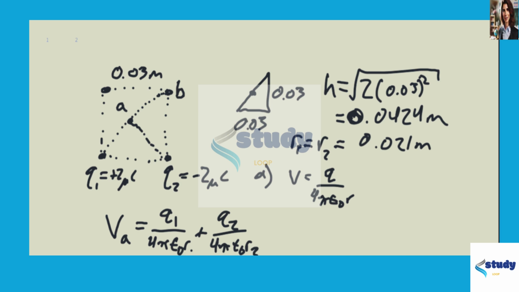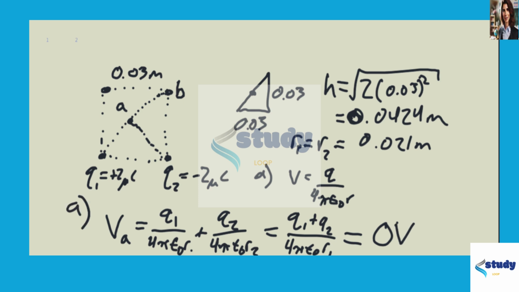But since R1 is equal to R2, this is simply equal to Q1 plus Q2 over 4 pi epsilon naught R1, or R2. And then we see that Q1 and Q2 actually have the same magnitude but opposite signs. So when you add them together here, you're going to get that the voltage at point A is simply 0 volts. Okay? And that's it for part A.